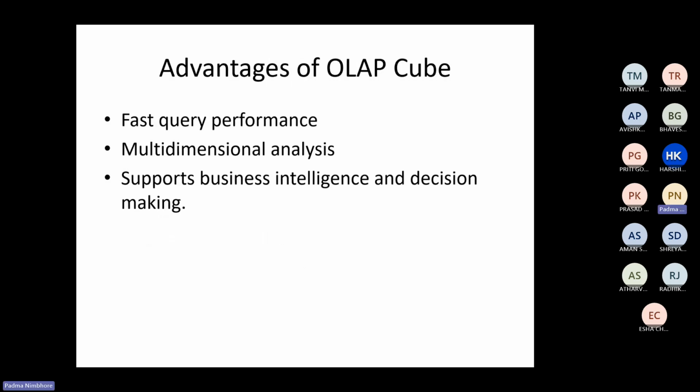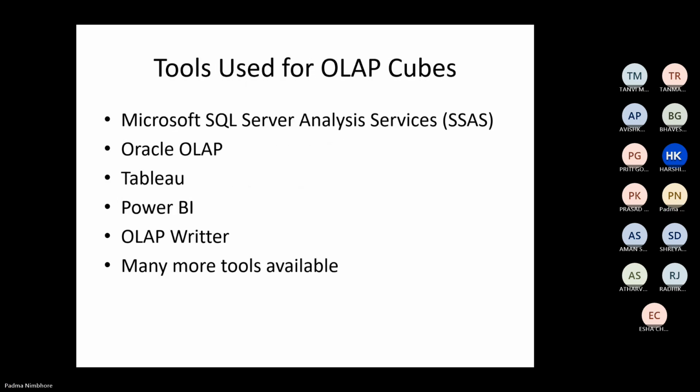Then advantages, you can have some advantages like fast query performance, multidimensional analysis, business intelligence and decision making. Then the OLAP tools are like Tableau, Power BI, OLAP Writer, or Oracle OLAP, or Microsoft SQL Server Analysis Services, this is SSAS.